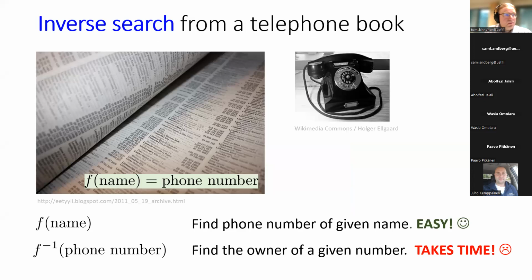But maybe here is a more familiar analogy. Imagine you have an actual telephone book. Maybe most of you are too young to remember when we used to have these huge printed books.